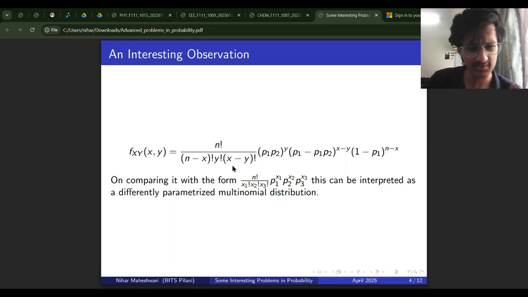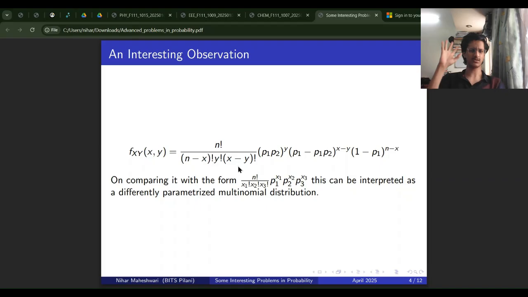You can see that in the denominator, the sum of these three factorial arguments sums up to the numerator n. You might be wondering, you've probably seen this somewhere. You've seen this when studying joint PMFs of discrete variables, namely the multinomial PMF, of the form n factorial by x1 factorial, x2 factorial, x3 factorial, where x1 plus x2 plus x3 is equal to n.